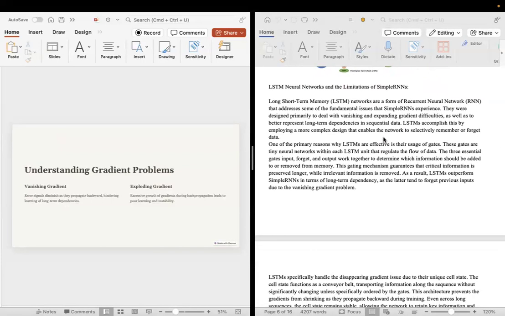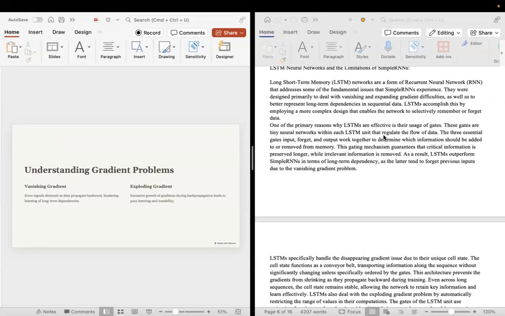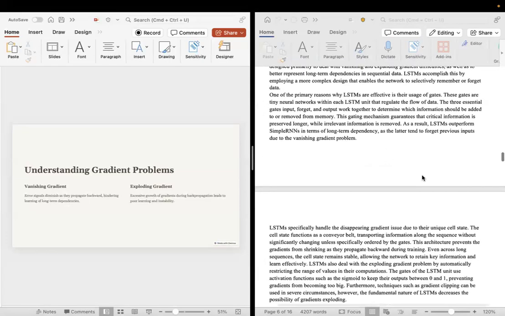These gates are tiny neural networks within each LSTM unit that regulate the flow of data. The three essential gates, input, forget, and output, work together to determine which information should be added to or removed from memory. The gating mechanism guarantees that critical information is preserved longer, while irrelevant information is removed.